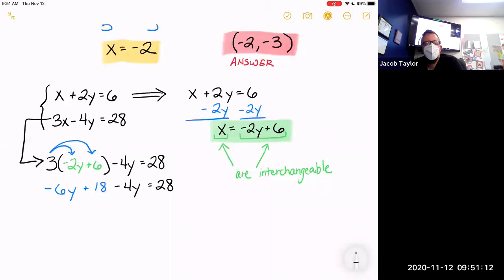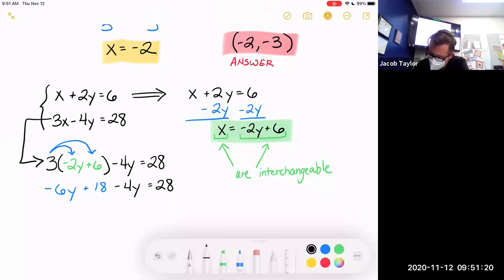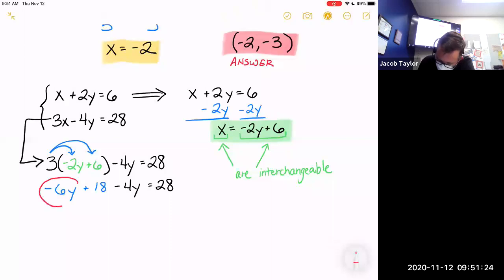I could, if I wanted to, move the 6y to the other side of the equals, but before I start moving things back and forth around the equal sign, I think the first thing I want to do is combine my like terms. You see some of those? Well, 28 and 18 are on opposite sides of the equals, but negative 4y and negative 6y are on the same side of the equals. So what's negative 4y minus 6y, or vice versa?